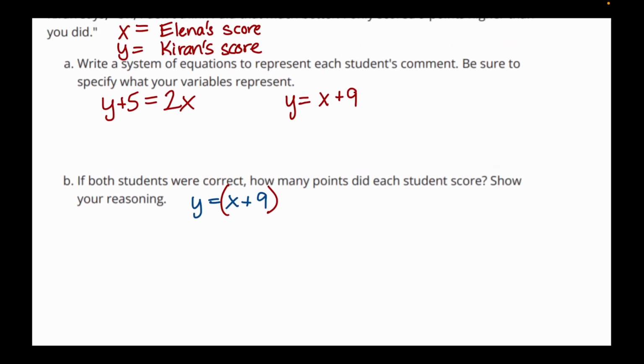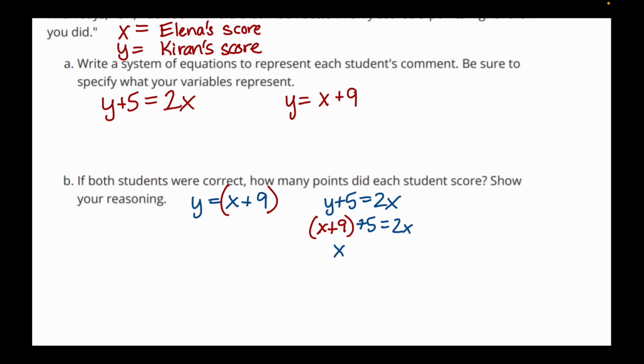My other equation here was y plus 5 equals 2x. So instead of y, we're going to put x plus 9, plus 5 equals 2x.